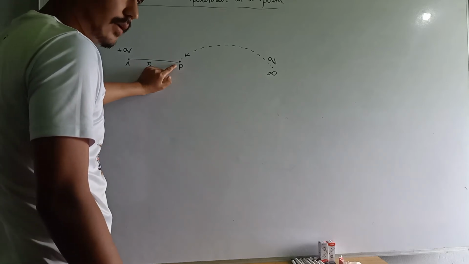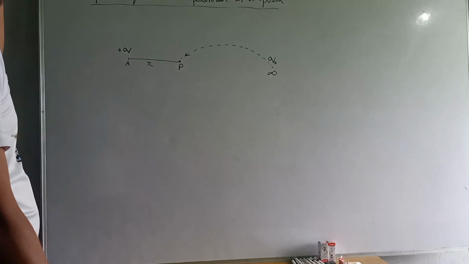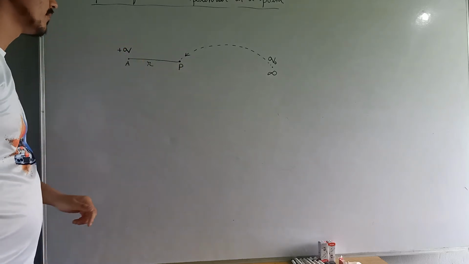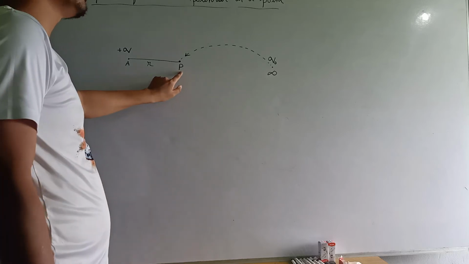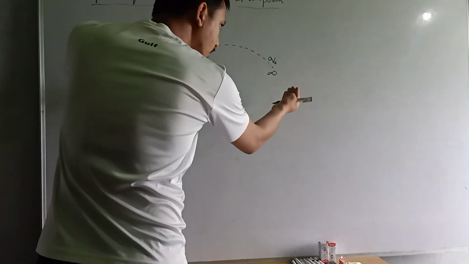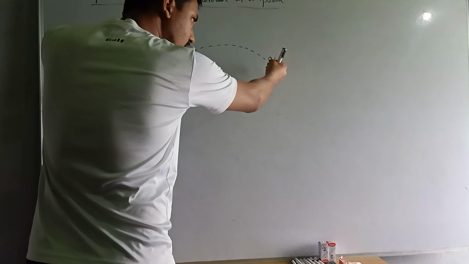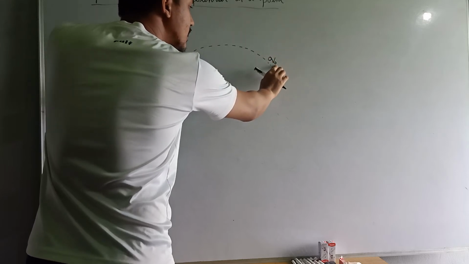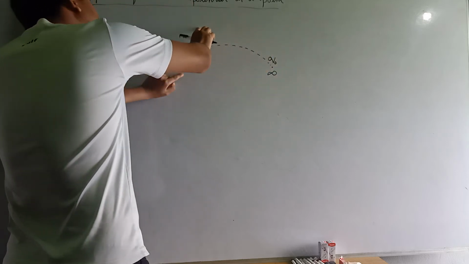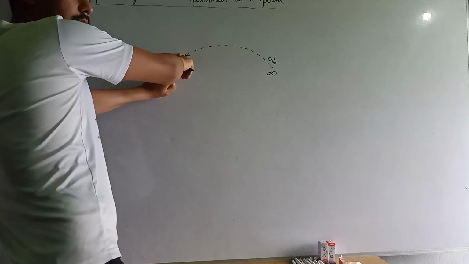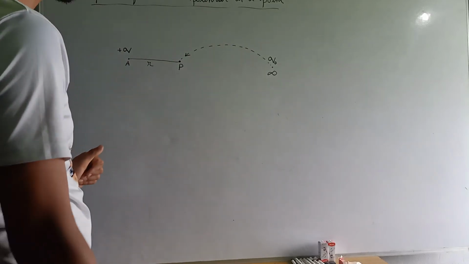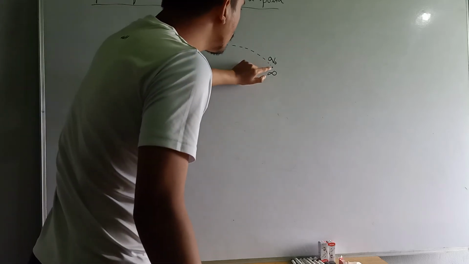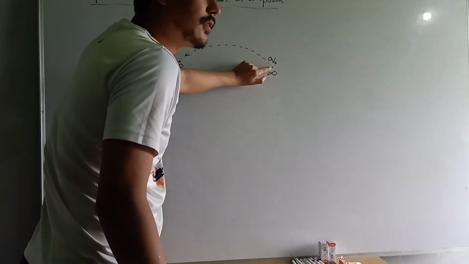You want to find out the electric potential at this point. So according to the definition, electric potential at a point is defined as work done by the external agent in bringing this test charge from infinity to that particular point. But the thing is that we do not know what is the potential at infinity.